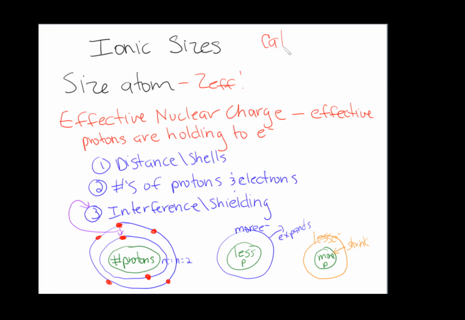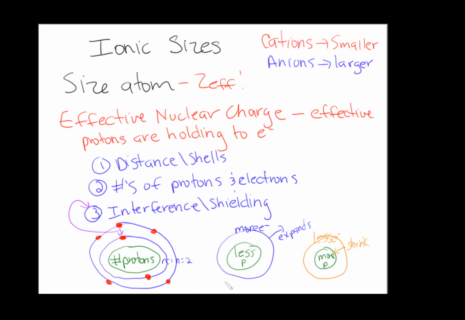So in a nutshell, cations are larger than their neutrals, and anions, I said that completely backwards, sorry. Cations are smaller than their neutrals, and anions are larger than their neutrals.